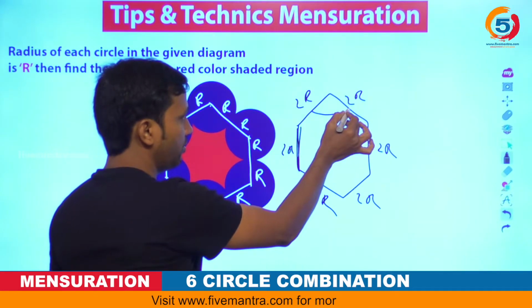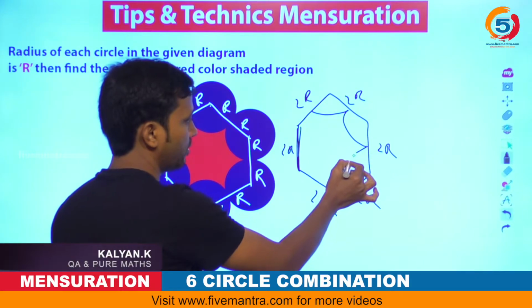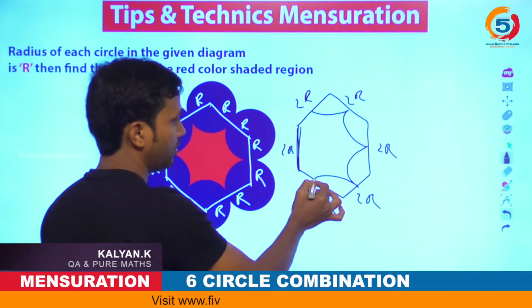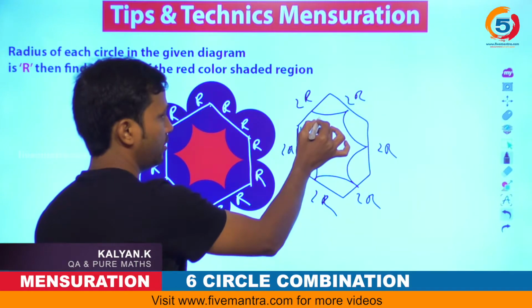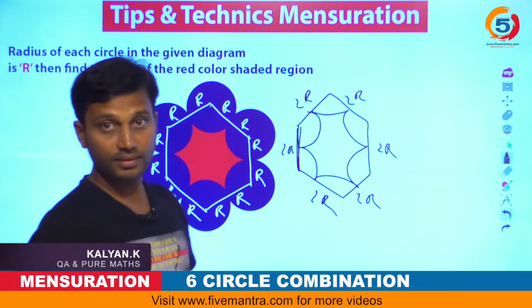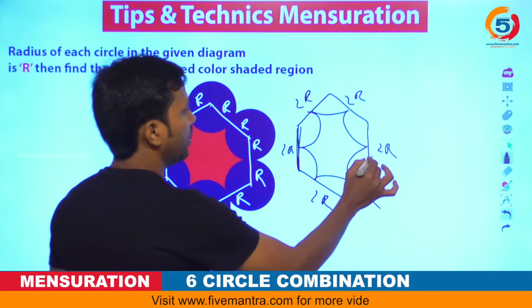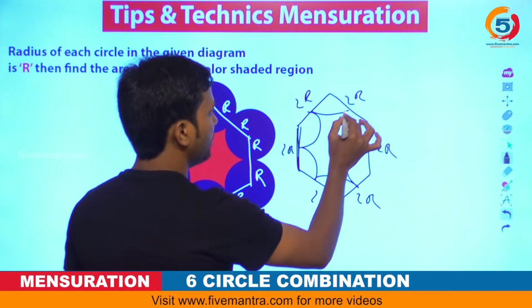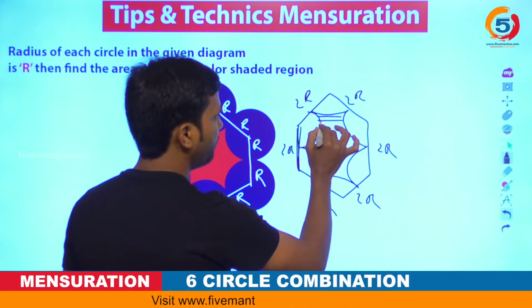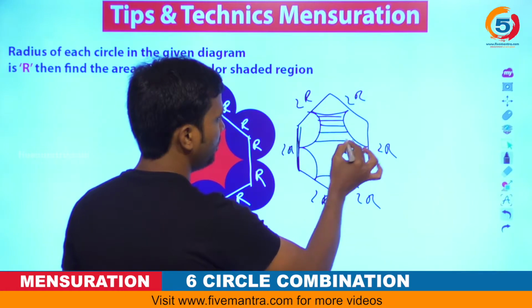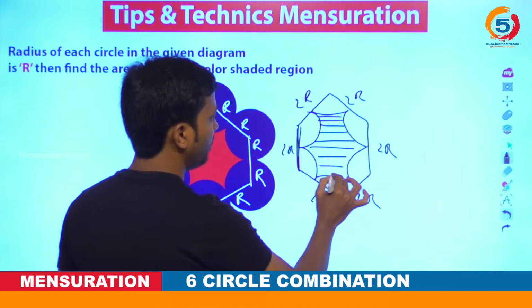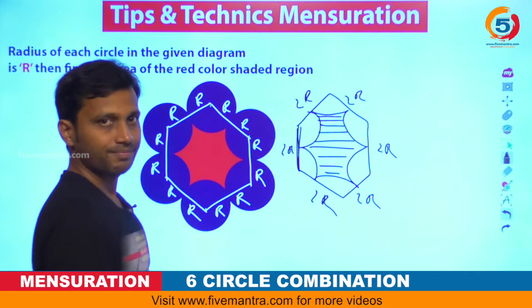Like this only, no? That's it. Now we need to find out the area of this shaded portion. Is that right or not? Does it look like this or not?